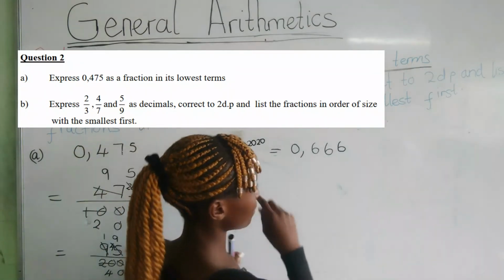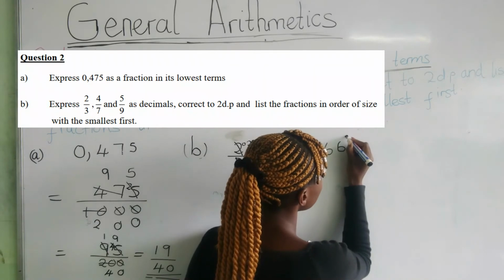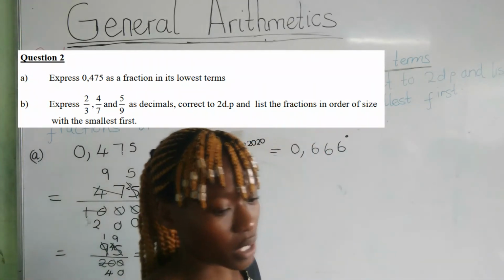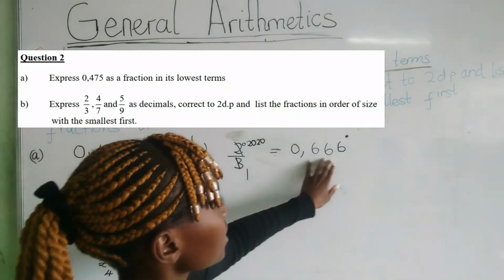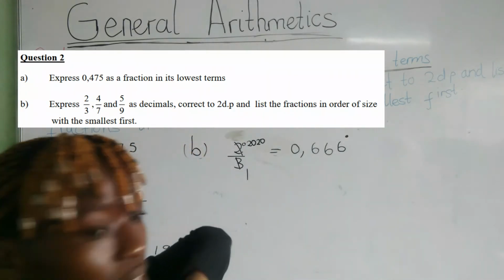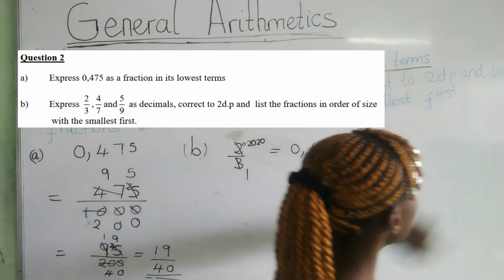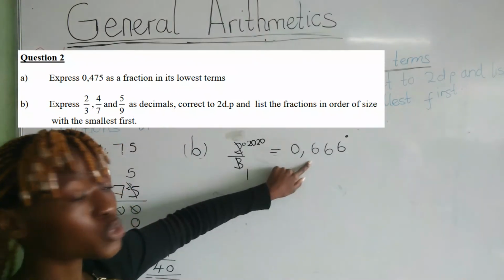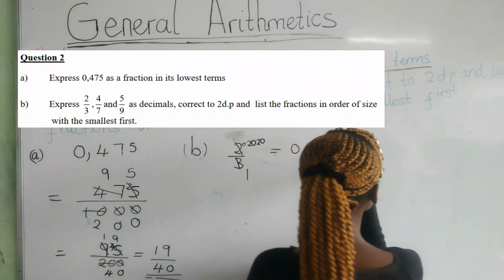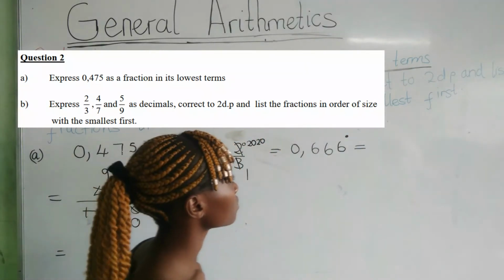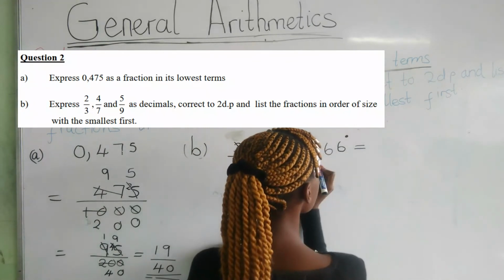So for recurring numbers, you put this dot here to show that it's recurring. But now, answering the question, it says correct to 2 decimal places. So we now are supposed to put 2 decimal places here. 2 decimal places, that's 1, 2.